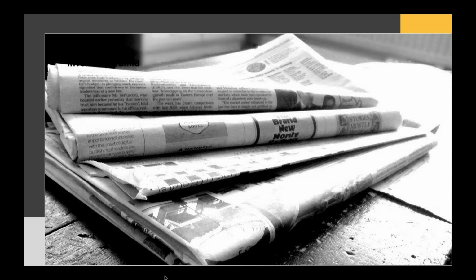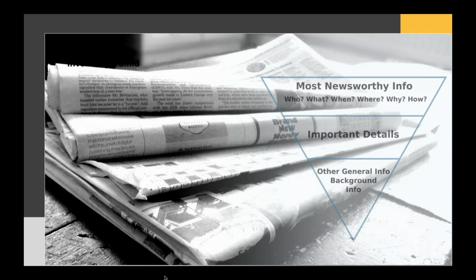There is, in fact, a very well-established paradigm that they use, which is called the inverted pyramid. They use this to write their articles and to show people what the article is about very quickly.